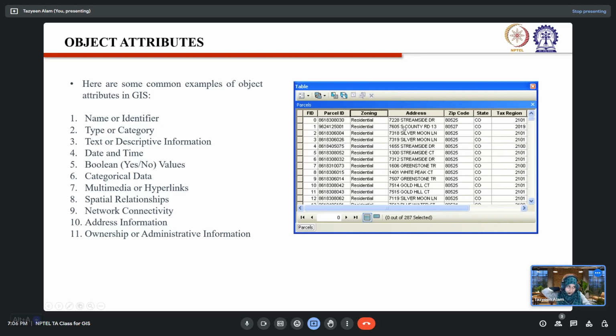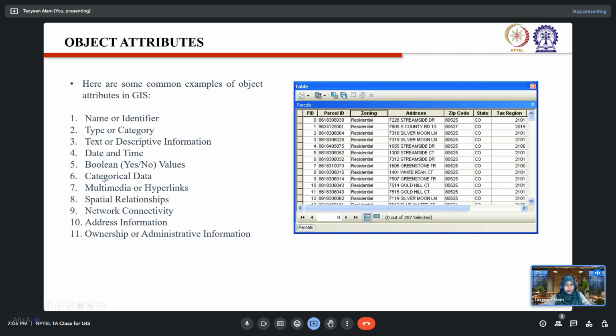For example, the zoning part, or your address part, is text or descriptive information. I am so sorry, the category type is going to be your zoning. Although it falls in both categories, it is more appropriate to call zoning a category type rather than descriptive information. Your address is your descriptive information.